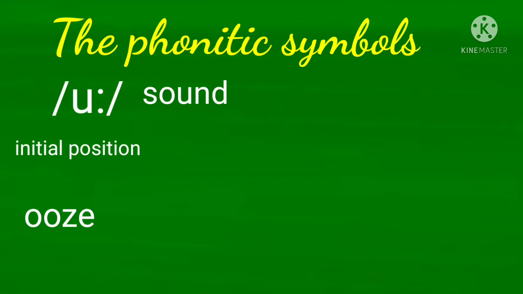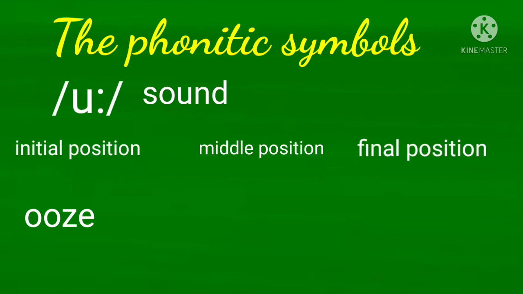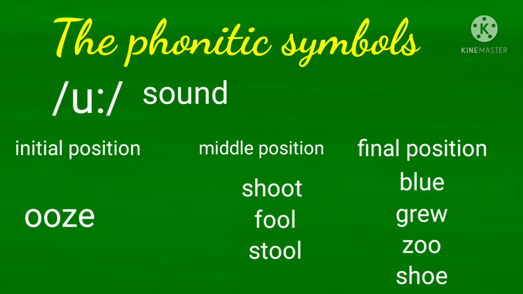In the middle position there are so many words like shoot, food, stool, etc. Now in the final position there are words like blue, grew, zoo, shoe, etc. So this sound also occurs in all the 3 positions.